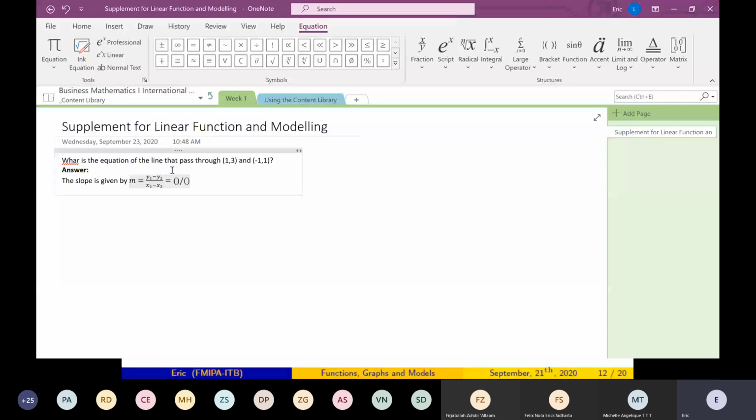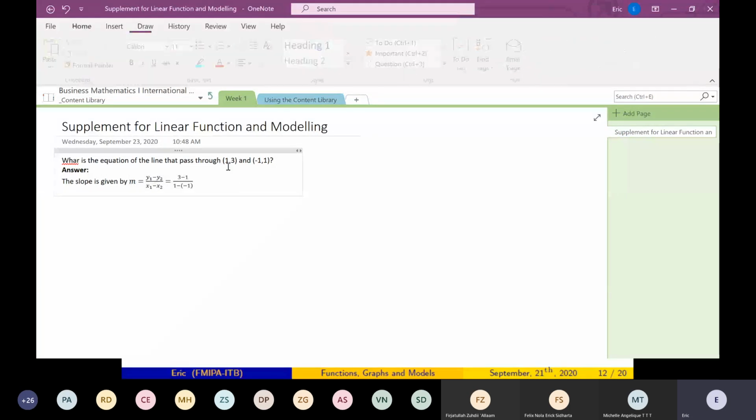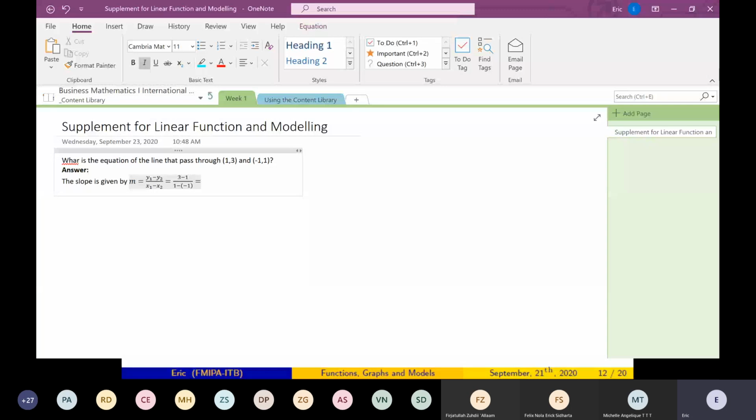So I have y1 minus y2, that is 3 minus 1, divided by x1 minus x2, that is 1 minus -1. So the slope is 2 divided by 2, which is 1.